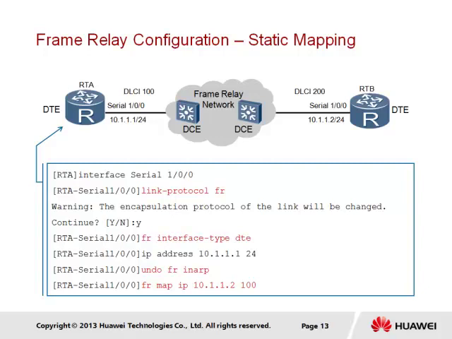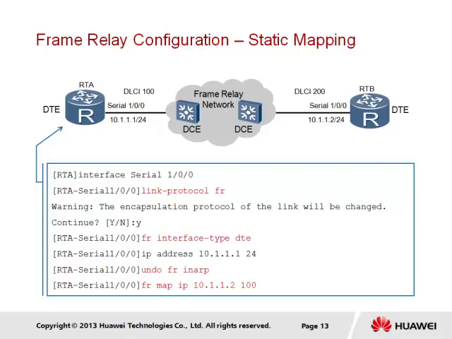We find, however, in this instance that any active frame relay inverse ARP command is disabled to prevent dynamic discovery of the remote peer address, and instead allow the static mapping of the remote address to the local DLCI to be performed. We see this being performed here using the fr map ip command, which is followed by the remote IP address and the local DLCI number to which this IP address is binding.